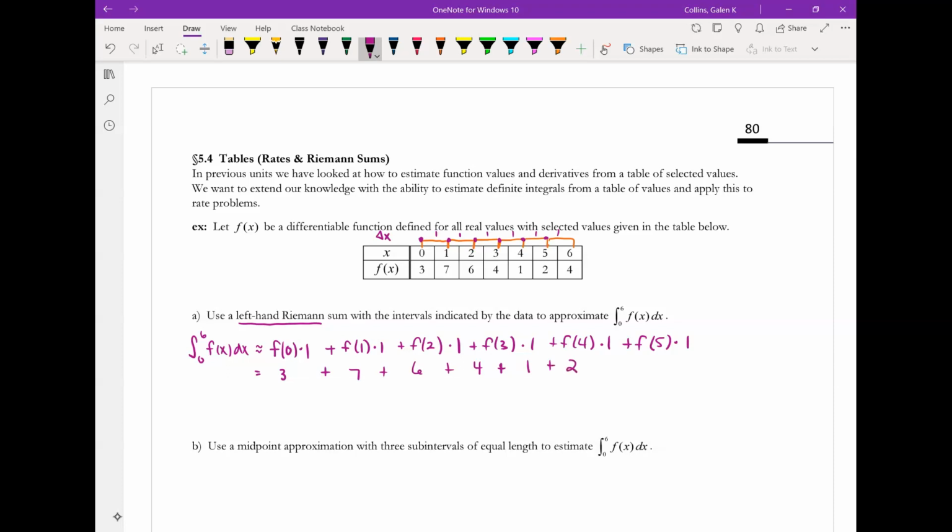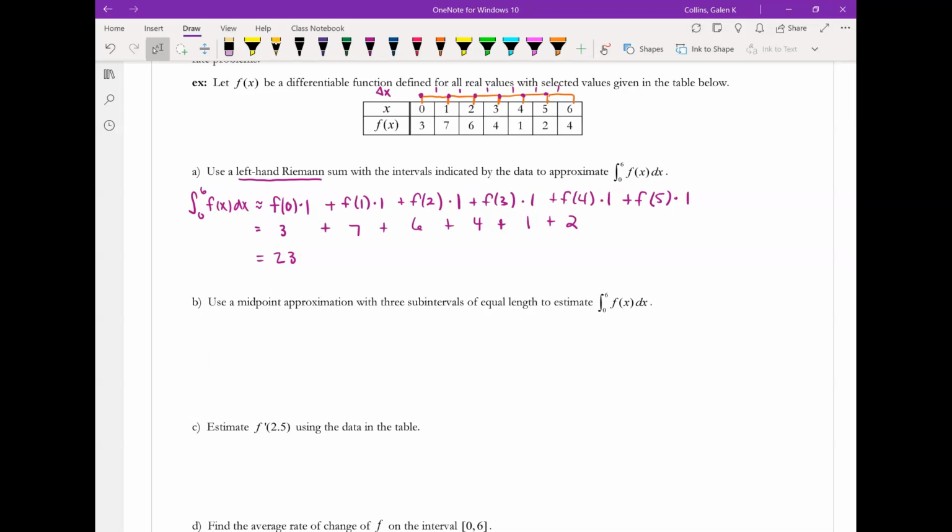And then we just add those up. So 10 plus 10 plus 3, we should get 23. And since we don't have any units for f, it's just some function, we're not going to worry about units.